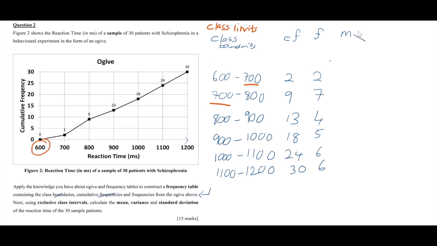The formula to calculate the midpoint is the upper limit plus the lower limit divided by 2. So we have 700 plus 600 divided by 2, which gives us 650. This would be 750, 850.